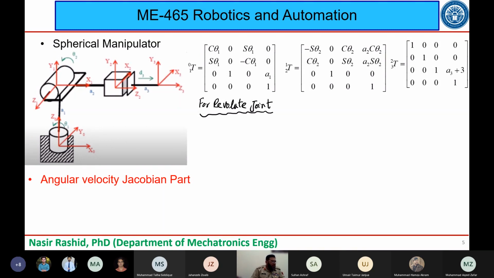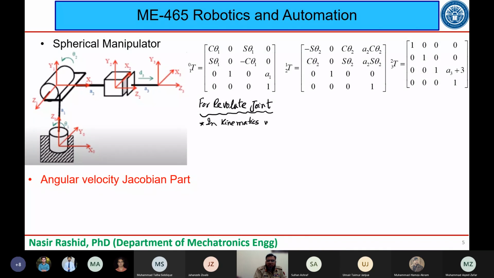So what we have assumed while we were talking about kinematics. So in kinematics, let me just write it down.